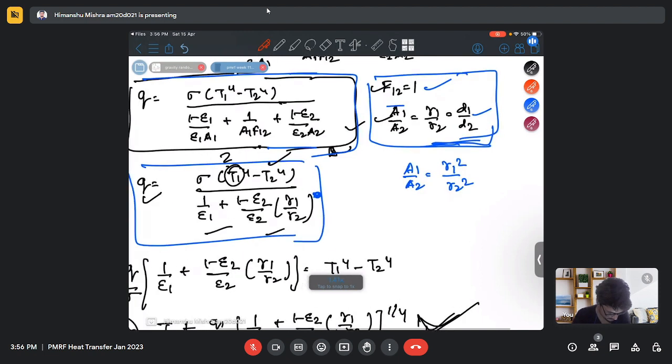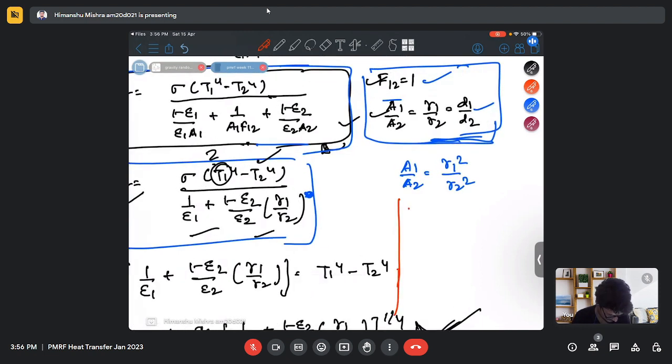So basically, I'm just simplifying the expression here. This will be just my A1 because my F12 will be 1, and A2 by A2.